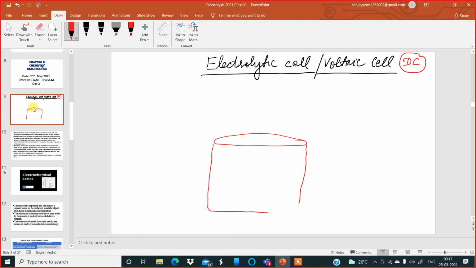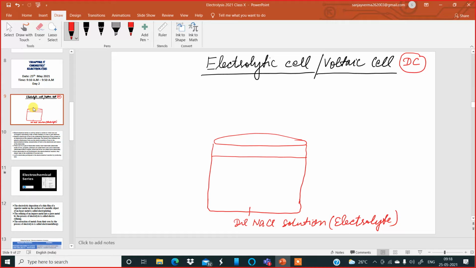We can take a container, an empty container, and fill this container with, say, dilute sodium chloride solution. This dilute sodium chloride solution in a container will act as the electrolyte.